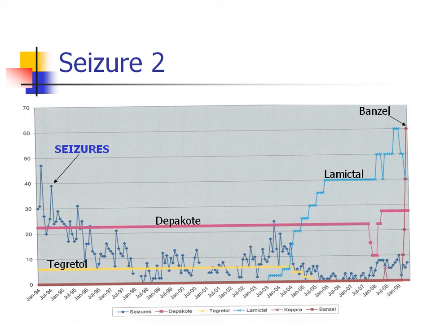Okay, here's another example of using LGA to determine or monitor treatment efficacy for seizures. And this is a person who's having 30 to 40 seizures per month when we started. And there's a natural fluctuation.